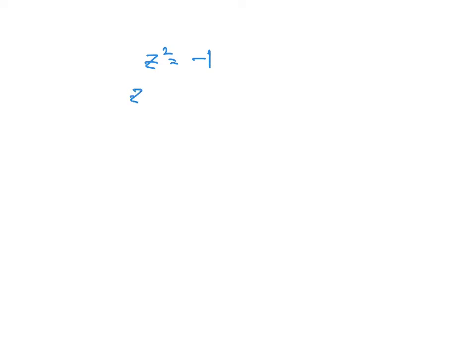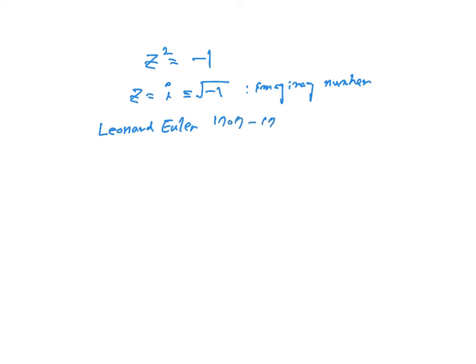So this is called i, an imaginary number. And the mathematician is Leonhard Euler (1707–1783).